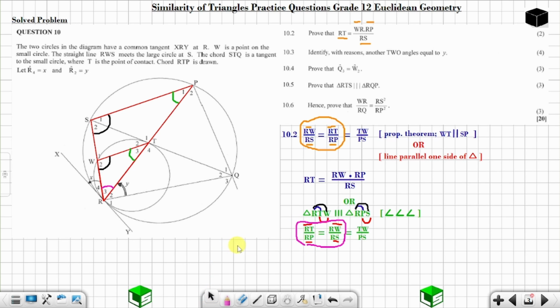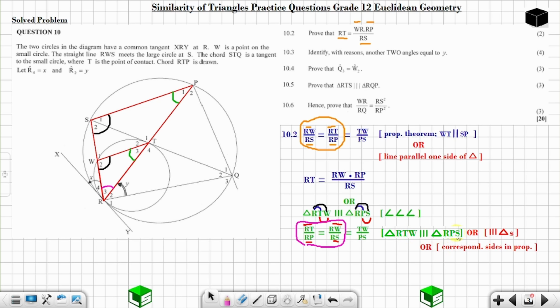You need RT, you are going to multiply by RP on both sides. Always write the reason why you write this equation: because these triangles are similar, or you can write you have corresponding sides in proportion.